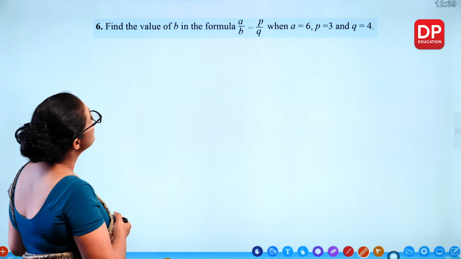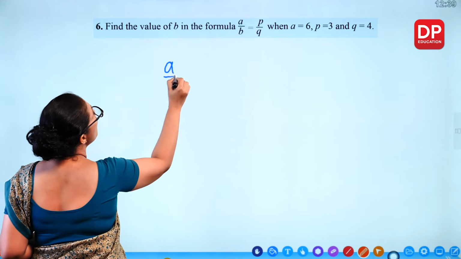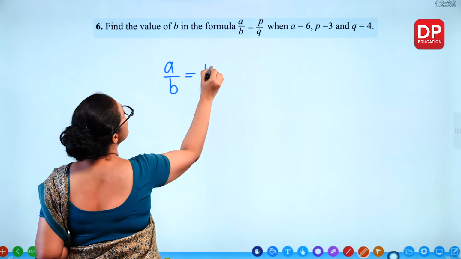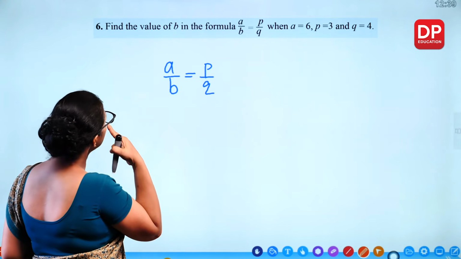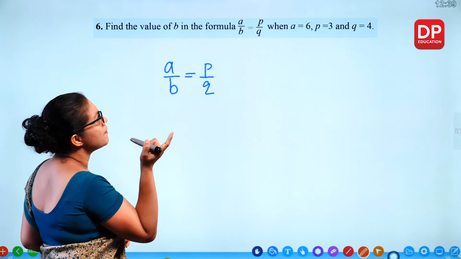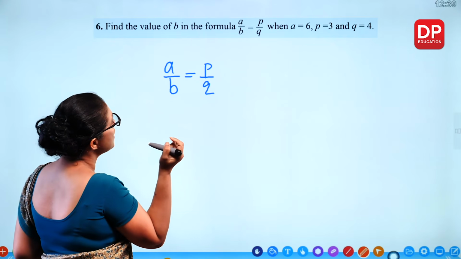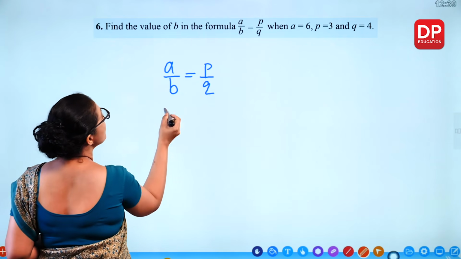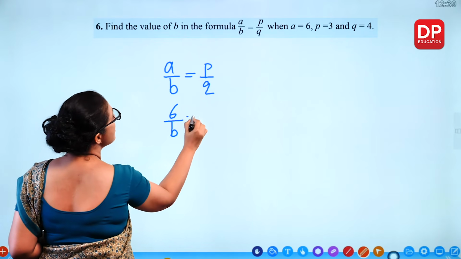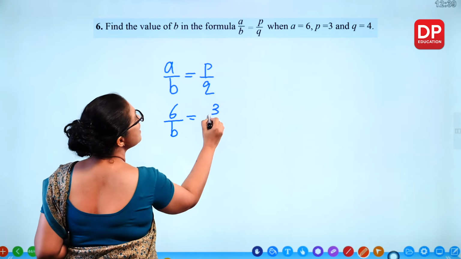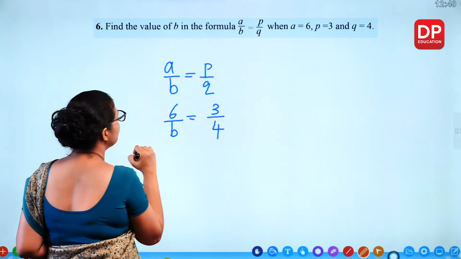Find the value of b in the formula. A over b equals p over q. So now you need b. We can first find the values and switch upside down. So A is 6, P is 3, Q is 4.